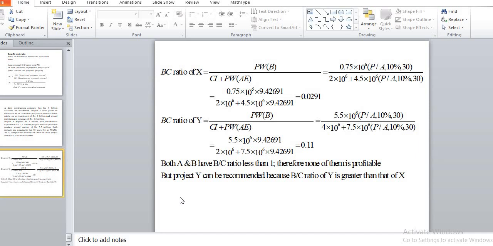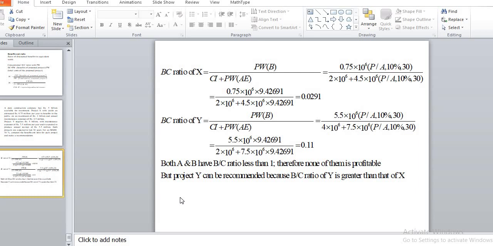And in the denominator, the investment is 2 million, so 2 into 10⁶, plus this annual maintenance and operating cost, which is 4.5 million, so 4.5 into 10⁶ in rupees. This factor we consider here as P/A, 10%, for the period 30. So that value comes as 0.0291.